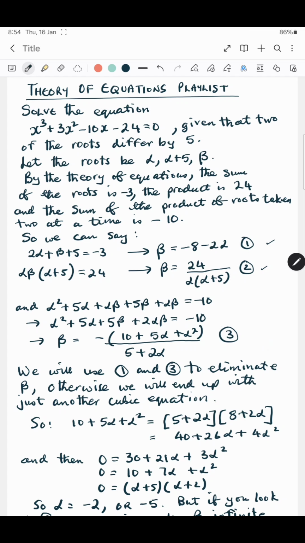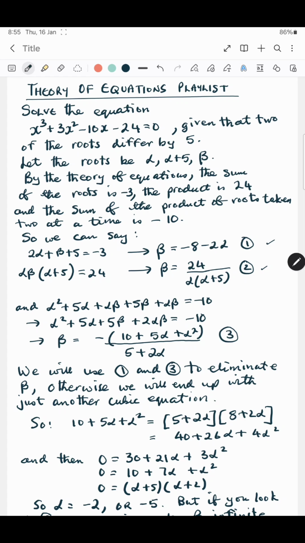And lastly, multiplying the roots in pairs and then adding them up gives us alpha squared plus 5 alpha plus alpha beta plus 5 beta plus alpha beta is minus 10.